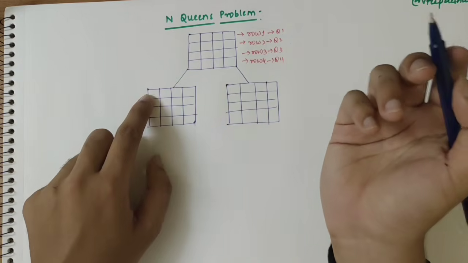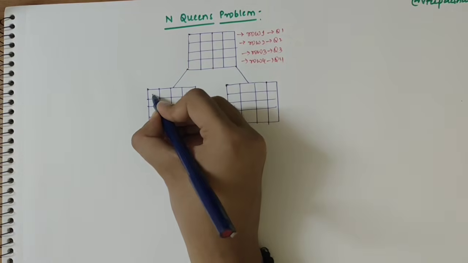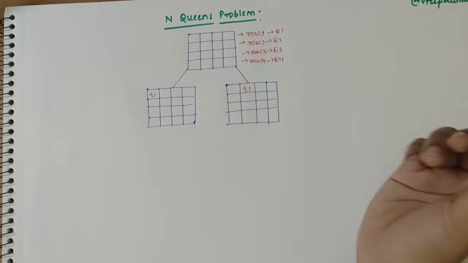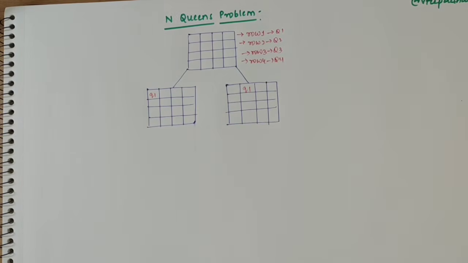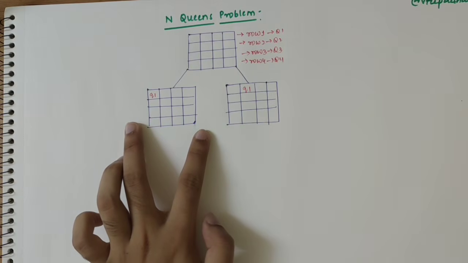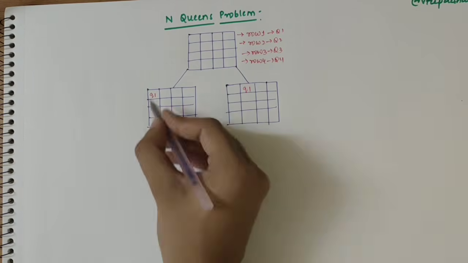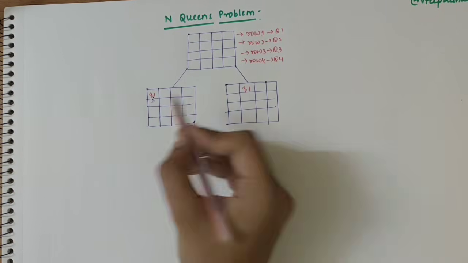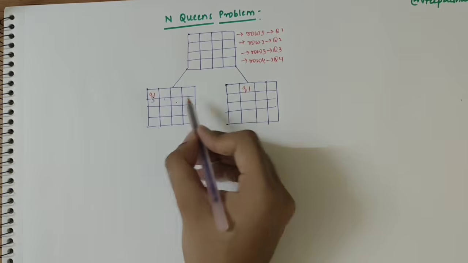If I start from the first box of row 1, I can place q1 here. The second box also I can place a queen, the third box also, and the fourth box also. Firstly, let's look into this particular case. If I place the queen in the first box, let's see what happens. I cannot place q2 here, nor here. So q2 could be placed here or here.